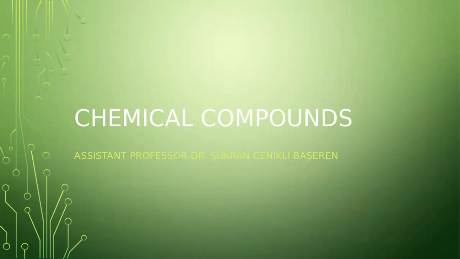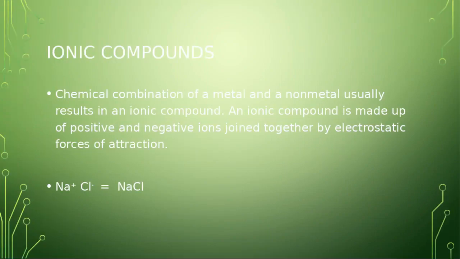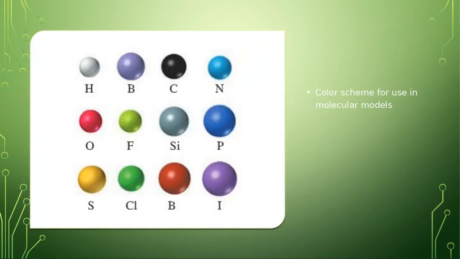Do you remember where we were? I think ionic compounds. Is that right? I think I showed these color balls, and while we draw the molecular models, we use these balls.